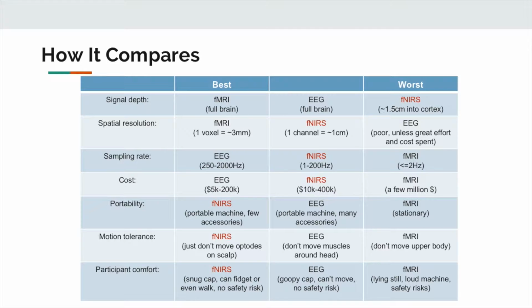One drawback of fNIRS is that it does not have great signal depth into the brain, whereas MRI and EEG record signals from the full brain. fNIRS can only record about 1.5 centimeters into the cortex. It's also in the middle between the two in terms of spatial resolution, at about a centimeter.